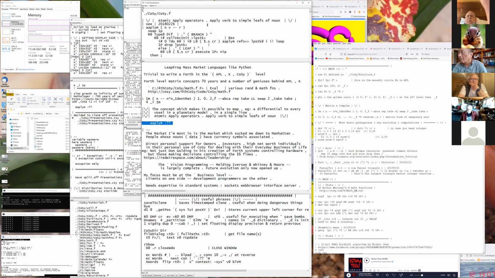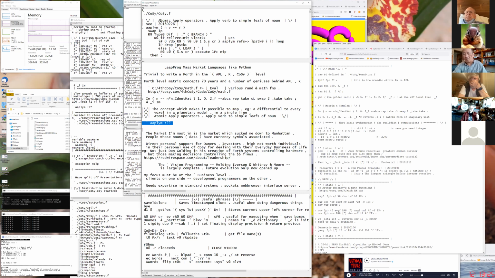The notion of an atomic function in K and in CoSy: essentially you have lists of lists of lists, and in CoSy, because it's modulo indexing, they're actually all rings of rings of rings, if you will.